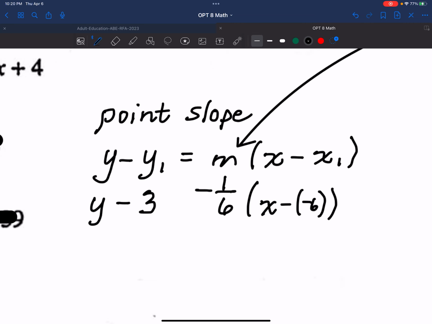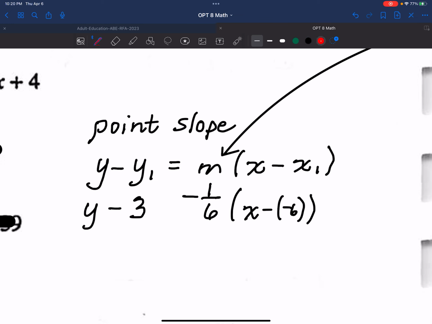So I need to do some distribution right here. We're going to say negative 1/6 times x. That's negative 1/6 x. Y minus 3 equals negative 1/6 x, and then negative 1/6 times positive 6, because this is going to become a positive 6.